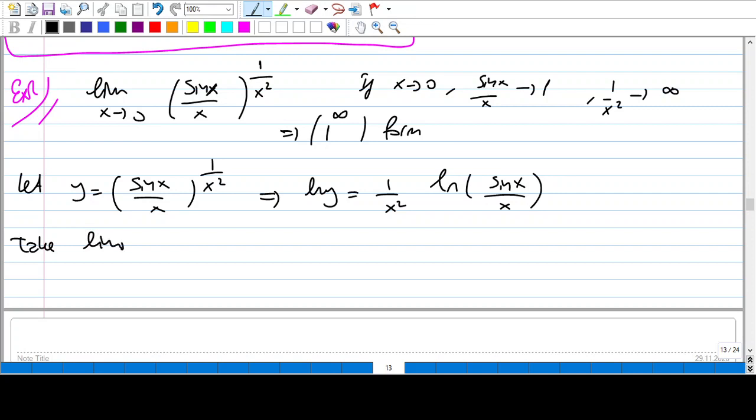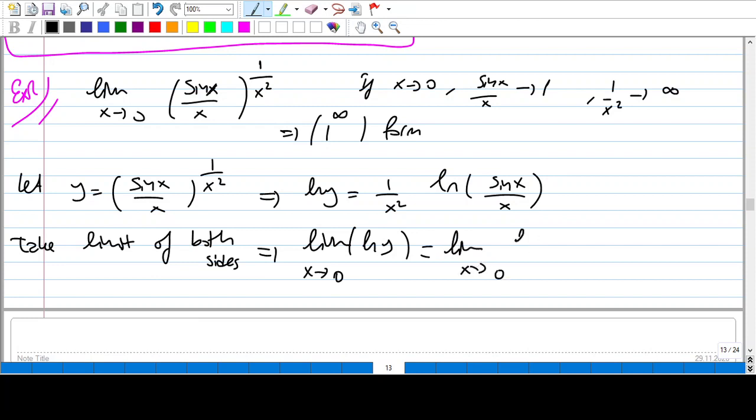The limit of ln y as x approaches 0, in this question, will be equal to the limit as x goes to 0 of ln(sine x over x) over x squared.